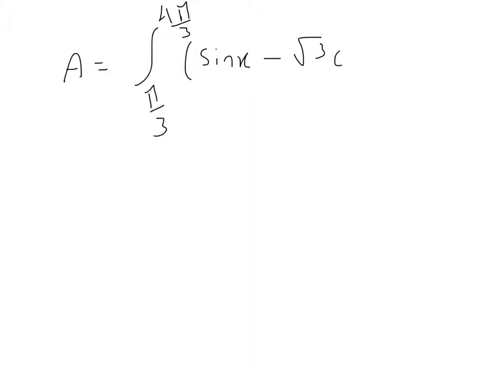Integrating to find the shaded area would be from pi on 3 to 4 pi on 3, and of course sine x is the top curve, top graph, minus square root 3 cos x, all dx. Integration of sine x is minus cos x, integration of cos x is sine x.